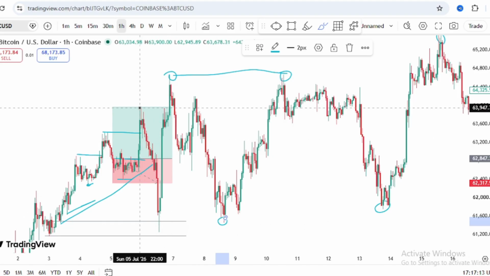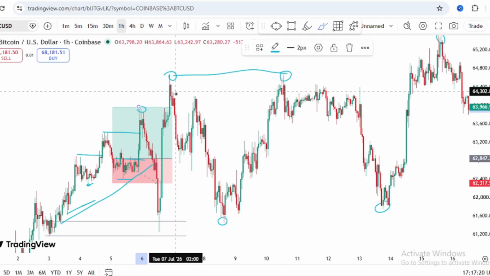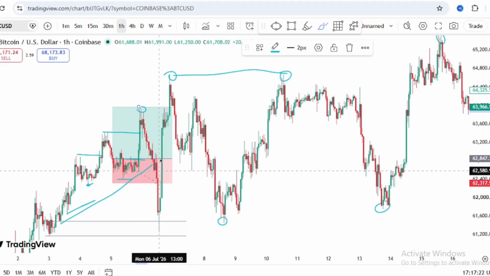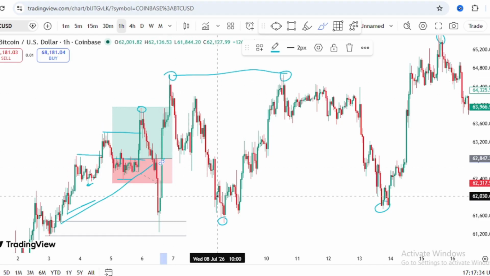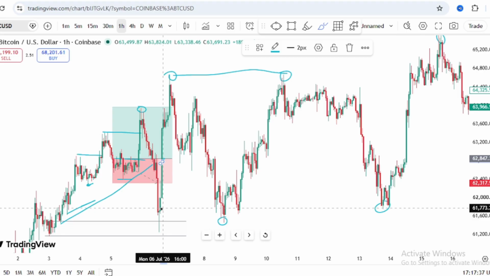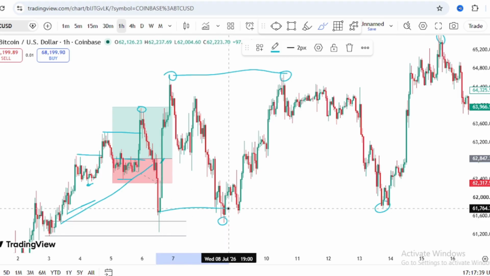They bought till it got to the next swing high here. And when it got here, they started selling. As you can see, this candle here is an institutional candle because it's only large institutions that have the ability to move markets this fast. So they sold till it got to this support level.